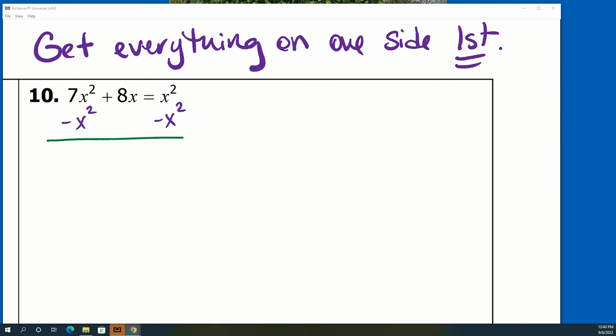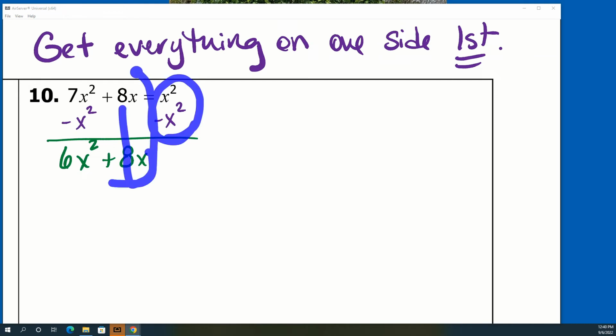So if you have 7x squareds and you subtract 1 from them, how many do you have? 6x squareds. And then the 8x doesn't change because we didn't have any like terms for the 8x. And then x squared minus x squared, what's that? 0. That's what you wanted. That's what you needed. So you can't start factoring until it equals 0.